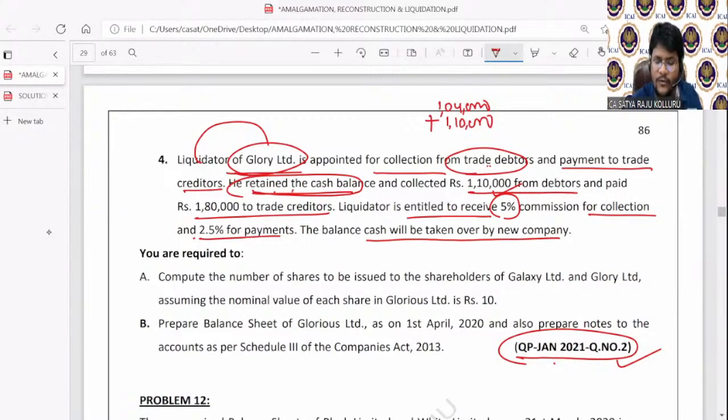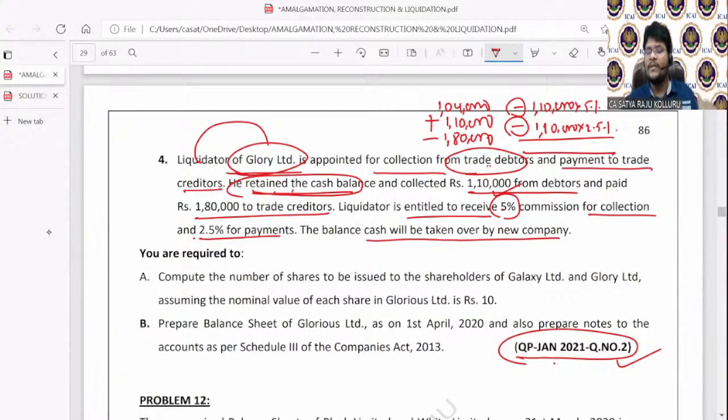He will pay cash to the trade creditors worth 1,80,000. The liquidator's commission is 5% on debtors and 2.5% on payments. Now, commission on debtors is 1,10,000 into 5%. Am I right? Next, commission on payments is 1,80,000 into 2.5%. Then after reduction of this, you will know how much cash balance is available with the liquidator.